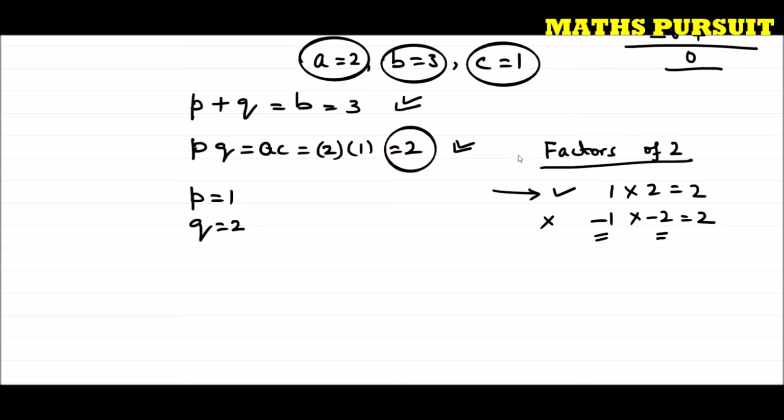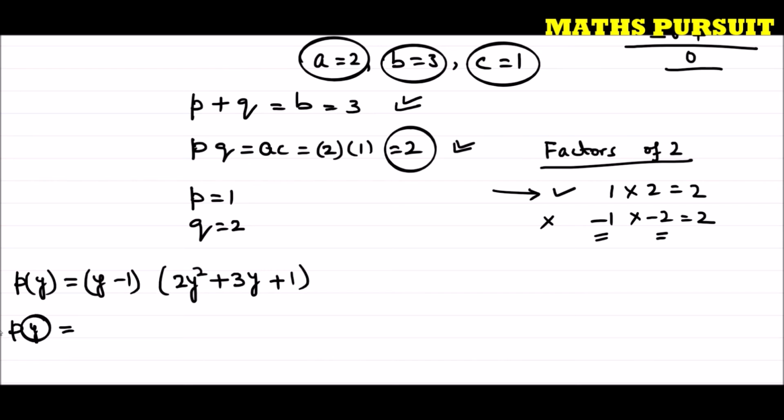Now after getting these values, we can write the original polynomial as p(y) is equal to (y minus 1) into (2y to the power 2 plus 3y plus 1). This is the polynomial that we got, and now I can write it using splitting the middle term as (y minus 1) into (2y to the power 2 plus y plus 2y plus 1).